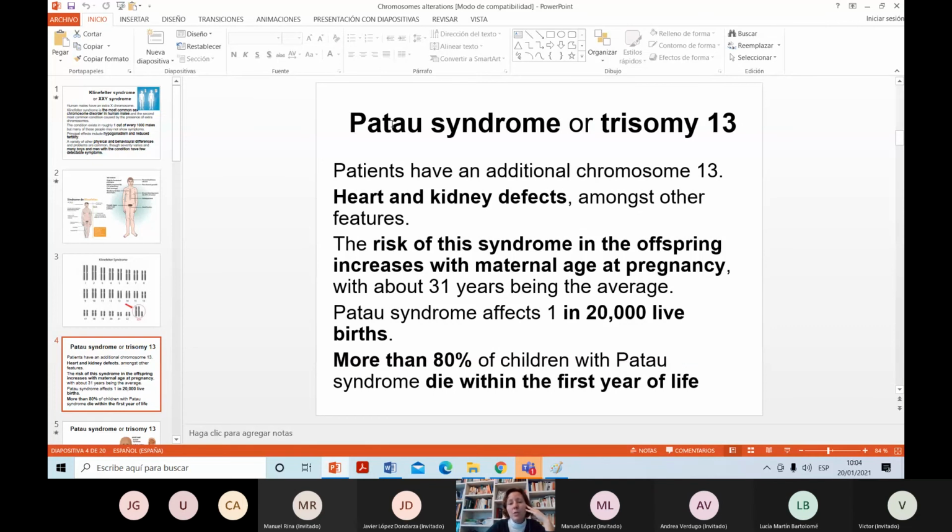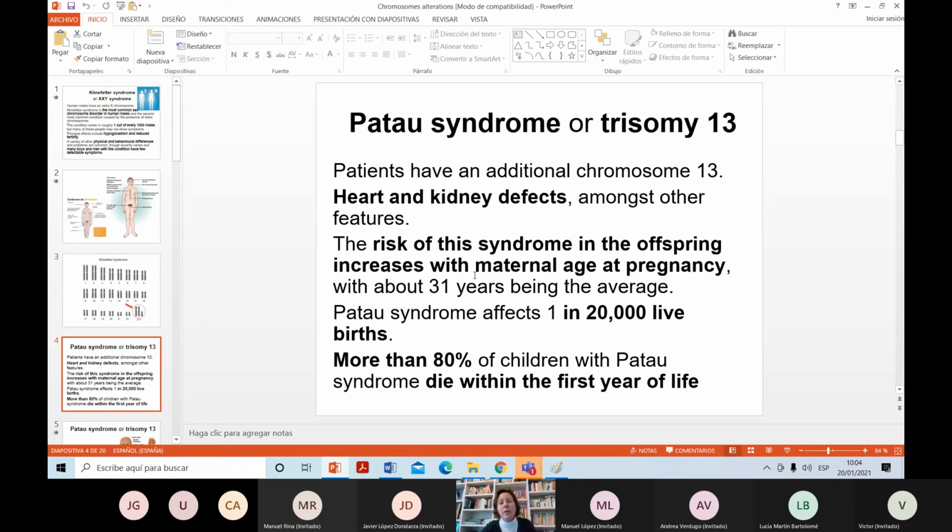In fact, most of them die inside their mother's womb. They are not even born. Okay, so it's a syndrome that affects 1 in every 2,000 live births.